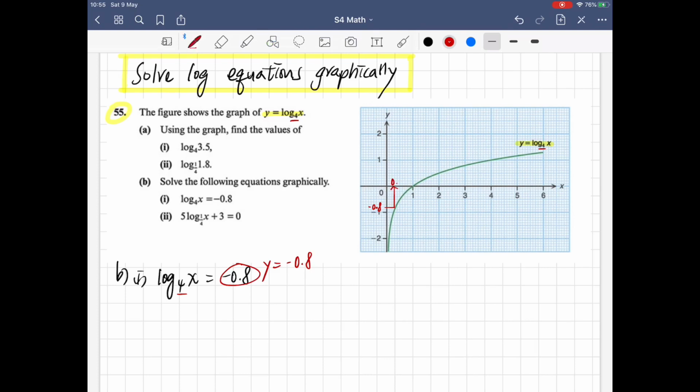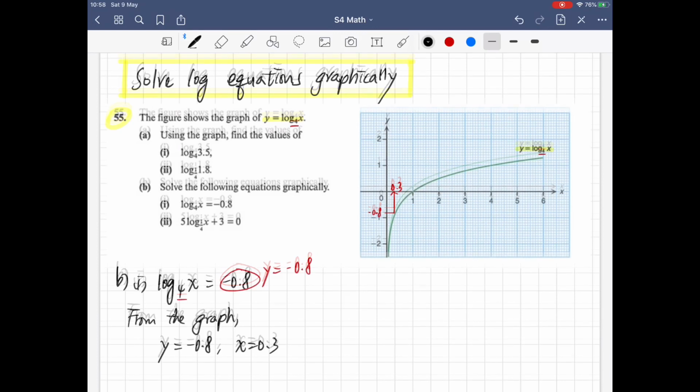And this time the value is 0.3. Then we can answer the question from the graph. For y equals negative 0.8, x equals 0.3. Then let's take a look at part B2.